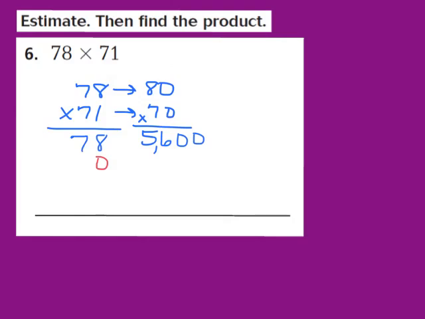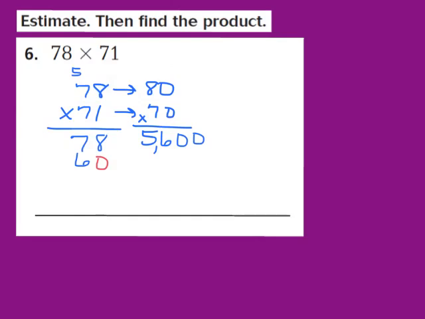Step 2 says multiply by the tens. So now I'm going to think about multiplying this 7, which is in the tens, to the 78. So what I think first is, what's 7 times 8 going to give me? Well, I know that 7 times 8 is going to give me 56. So I'm going to write down the 6, and I'm going to regroup the 5.